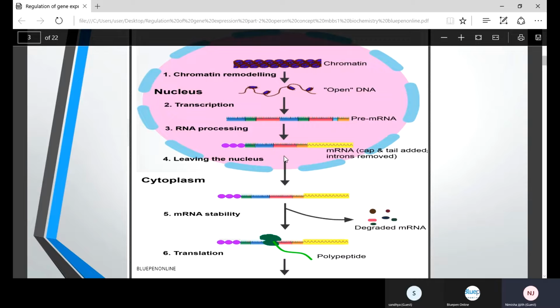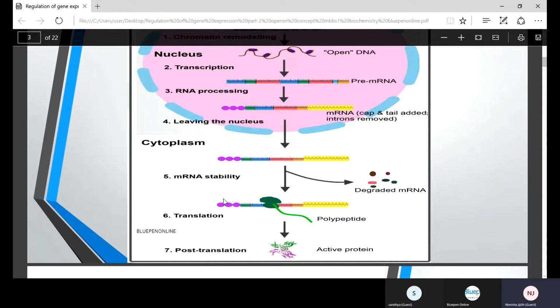Then this mRNA leaves the nucleus and enters the cytoplasm. Then this mRNA has stability, provided by the 5' methyl cap and also the poly A tail. Then this mRNA enters translation and synthesis of polypeptide occurs.